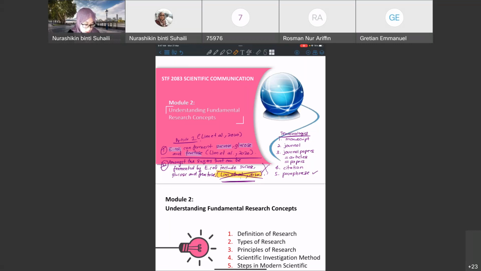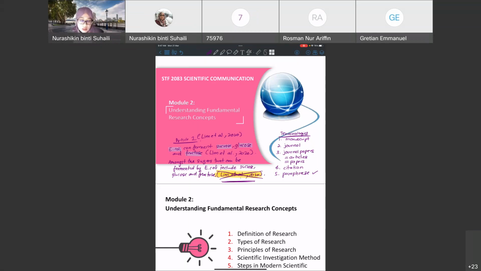I hope you are clear now. Any question? This one kena clear tau, sebab you kena apply the right techniques, the right principles when you are writing. Okay, so that's why you have to understand the terminology ni: manuscript, journal paper, citation, paraphrase.